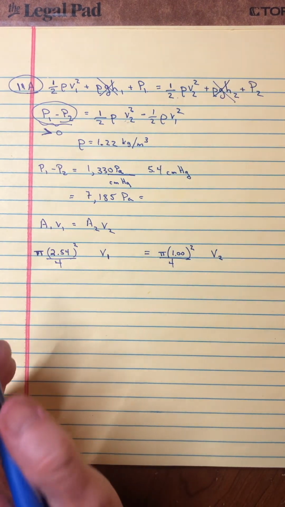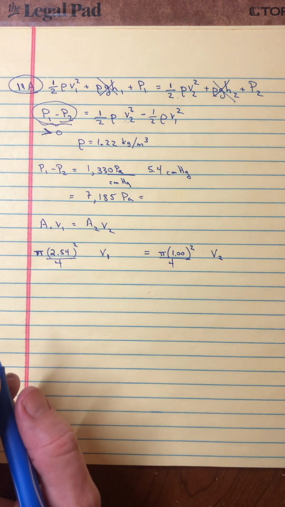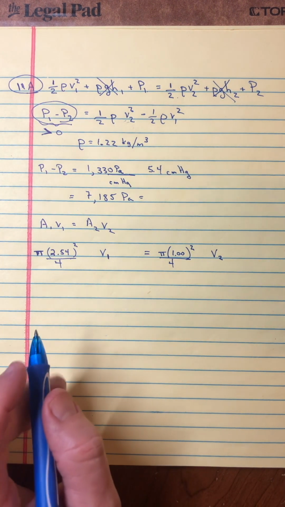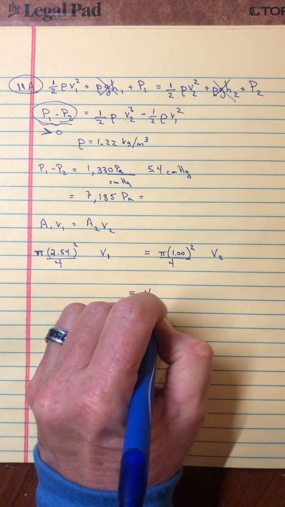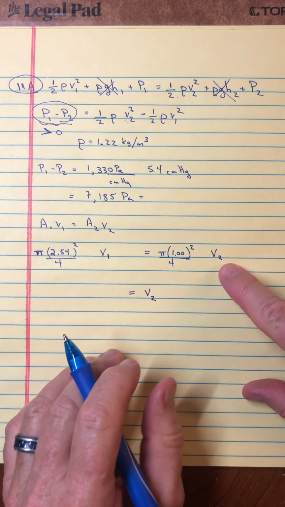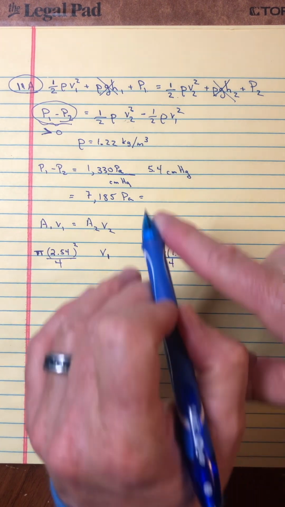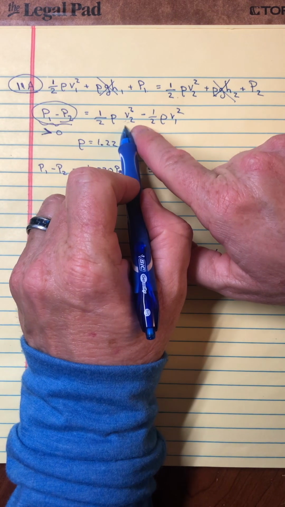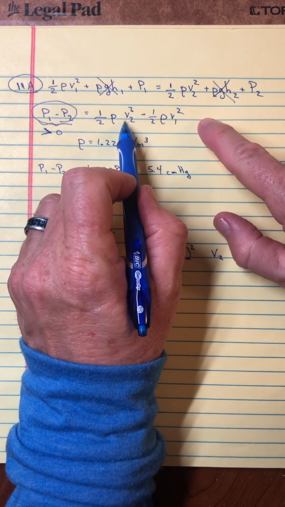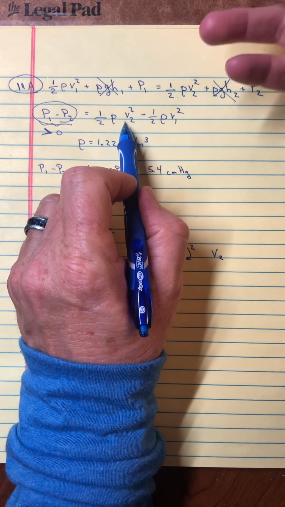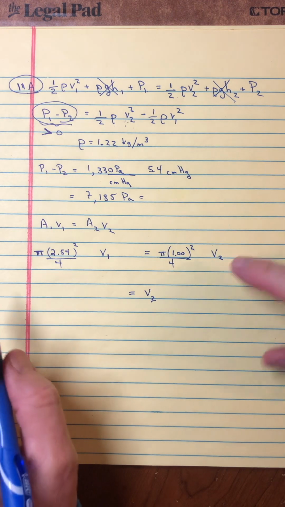And so I have a system of equations, 2 equations with 2 unknowns. So maybe the way to go about this one is to write this one in terms of V2, so that when I put it into my original one back here, I get rid of the V2s and I only have an equation with V1 in it, which is what I'm trying to solve for. What is V1? So that's my thinking here.